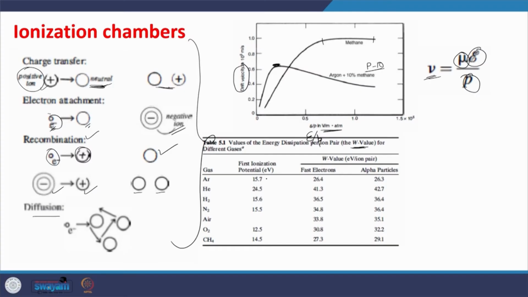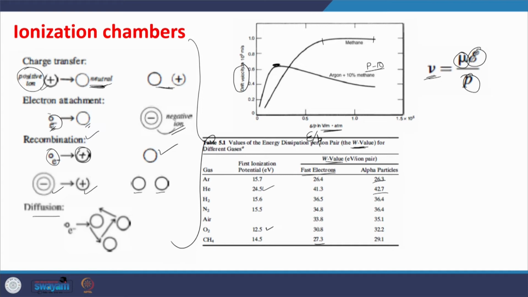All right. You can see the first ionization potential ranges from say 12.5 to 24.5 electron volt, and the W value for fast electrons ranges from say 27 to 41, and for alpha particles, which is of our interest, it ranges from 26 to 42.7 electron volt per ion pair.